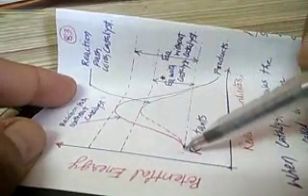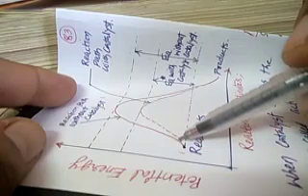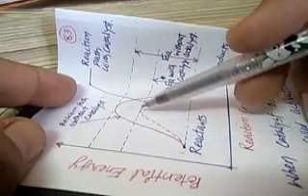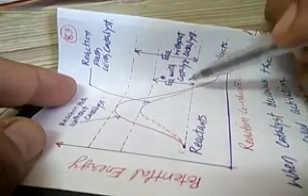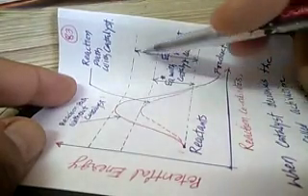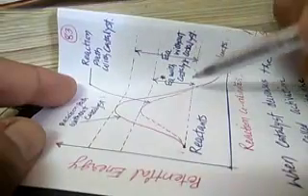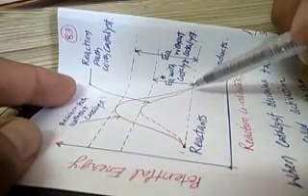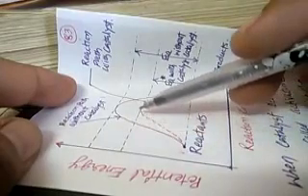Now what happens when we use catalyst? With catalyst the pathway is changed, and you can see that the activation energy with catalyst has been decreased as compared to the activation energy without catalyst. This is how we can understand that the catalyst alters the pathway.